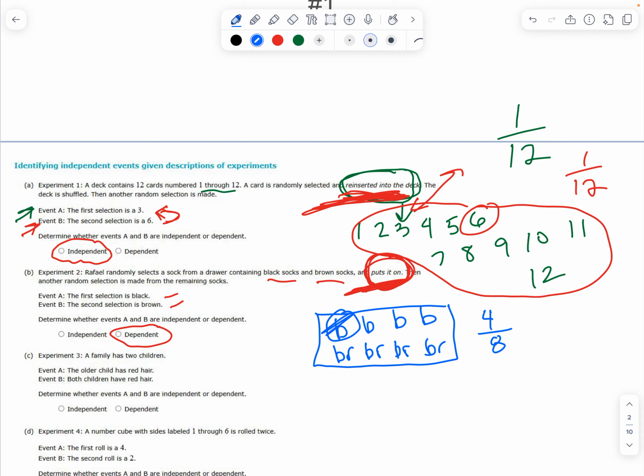But he puts this sock on, so now that sock is no longer in the drawer. So the chances of getting a brown sock are 4 out of 7 socks left. So selecting brown totally depends on what happens with that first draw, which was pulling the black, because Raphael put it on. Now, if he had put the sock back in the drawer, these would be independent events, just like with the experiment in A.